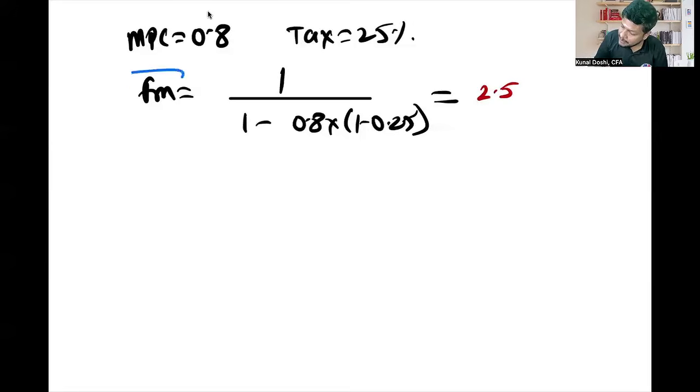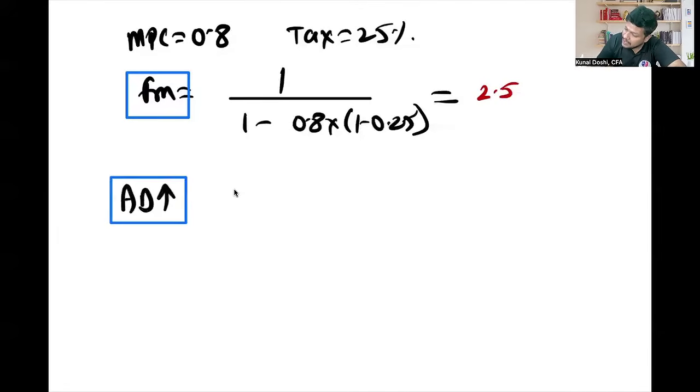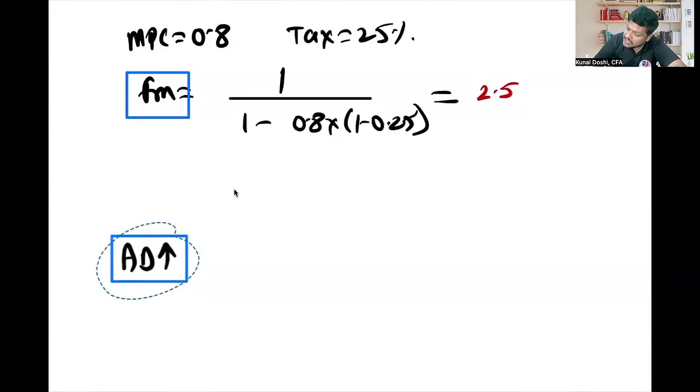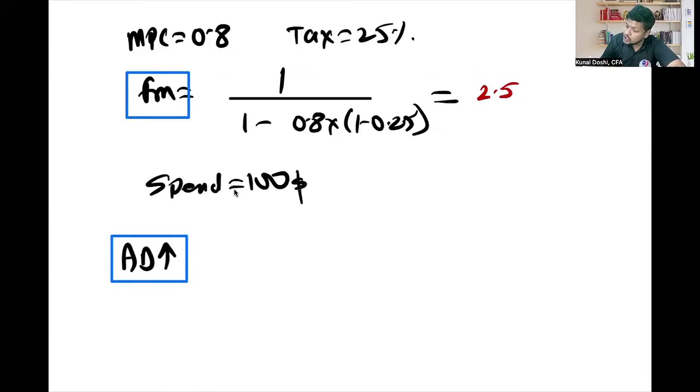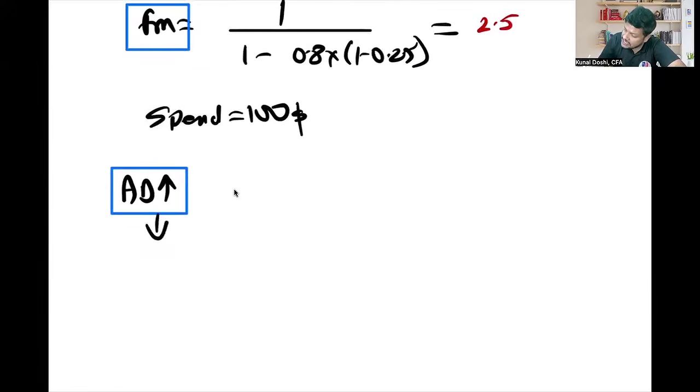What does this mean? It means that every dollar spent by the government will increase the aggregate demand by 2.5 times. Everyone understood this? Now, if they ask me how much the increase in aggregate demand will be from government spending, let's say the government decides to spend $100 in the economy. The aggregate demand will increase by the fiscal multiplier times the spending.